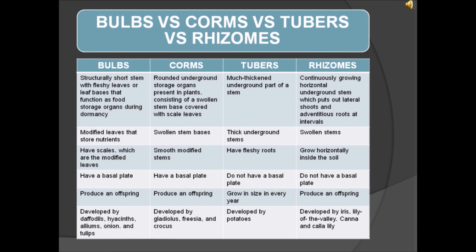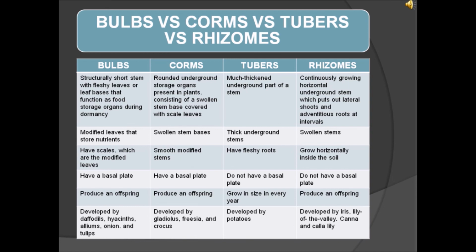Bulbs: modified leaves that store nutrients. Corms: solid stem bases. Tubers: thick underground stems. Rhizomes: solid stems.